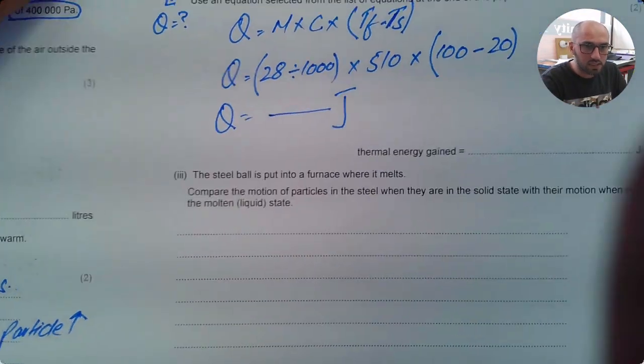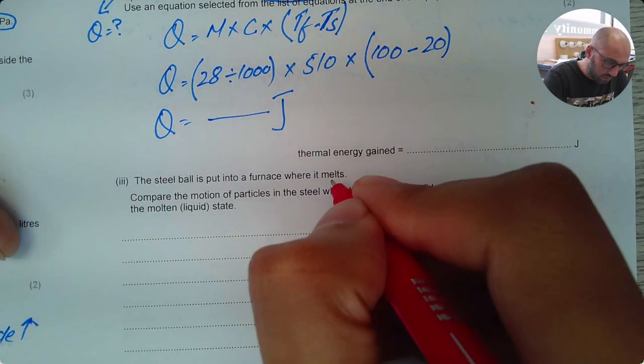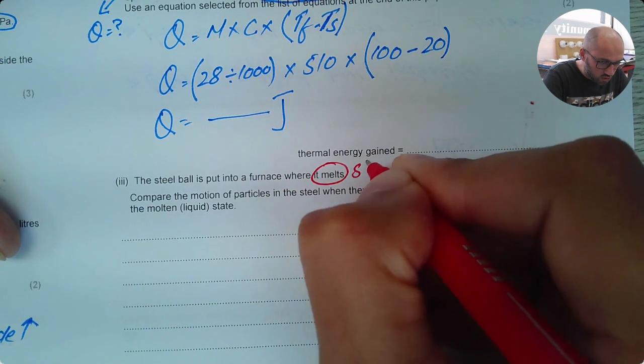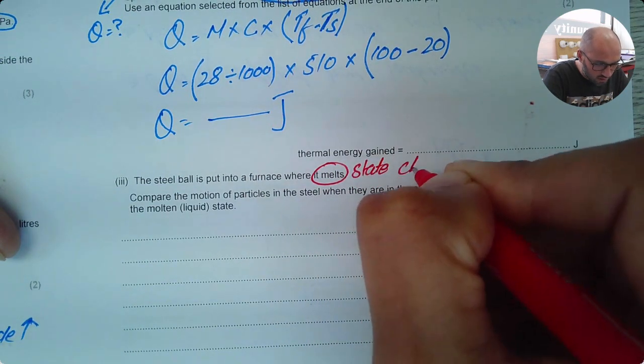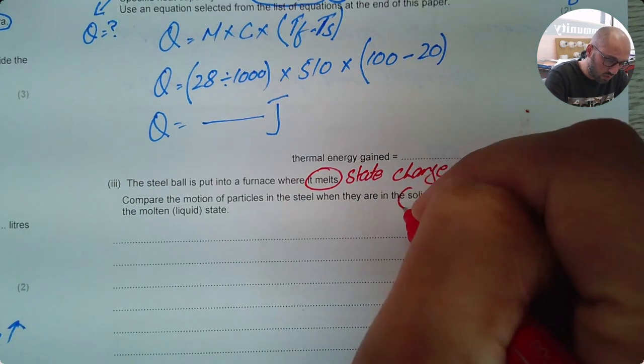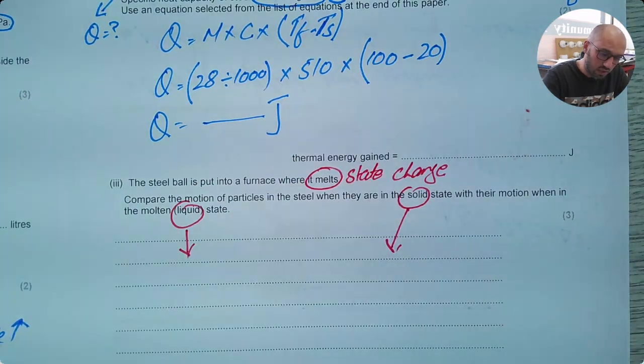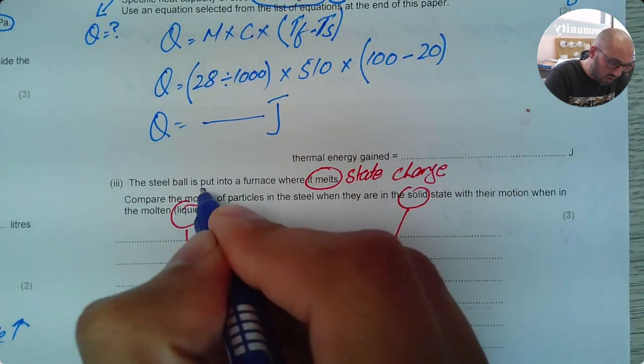The last part says the steel bowl is put into a furnace where it melts. Melts means it is a state change. Compare the motion of particles in the steel when they are in solid state with the motion when they are in liquid state. So we just have to look at solid and liquid state, and we only have to talk about the motion.